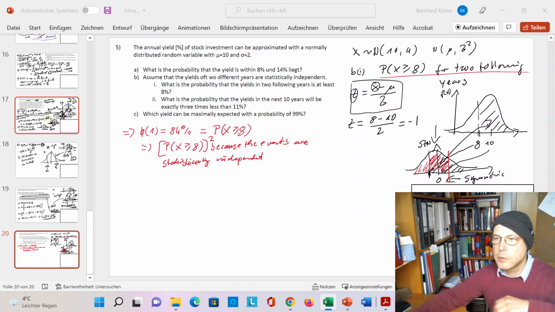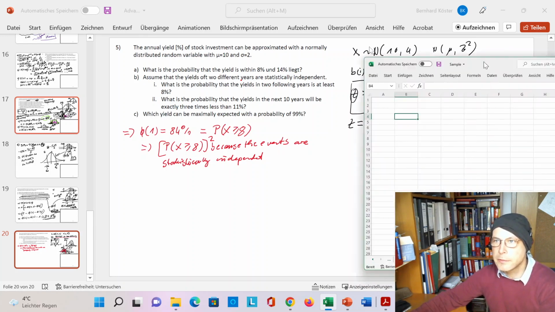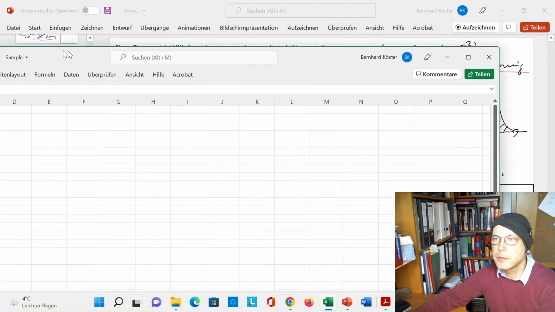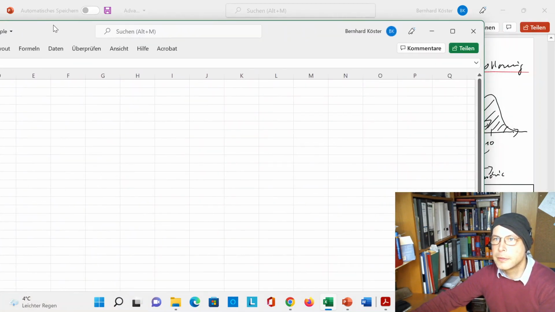A1, we call this. So you can see, no, you can't see the Excel. To switch to the other monitor.